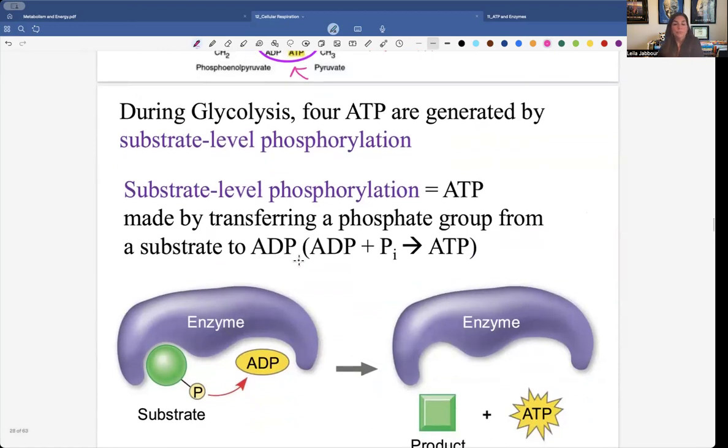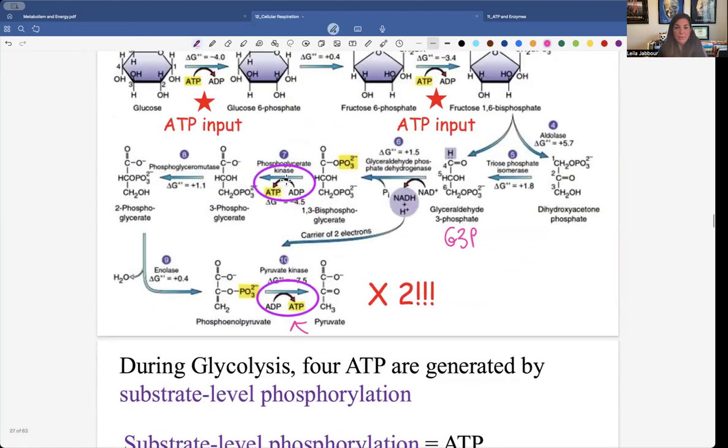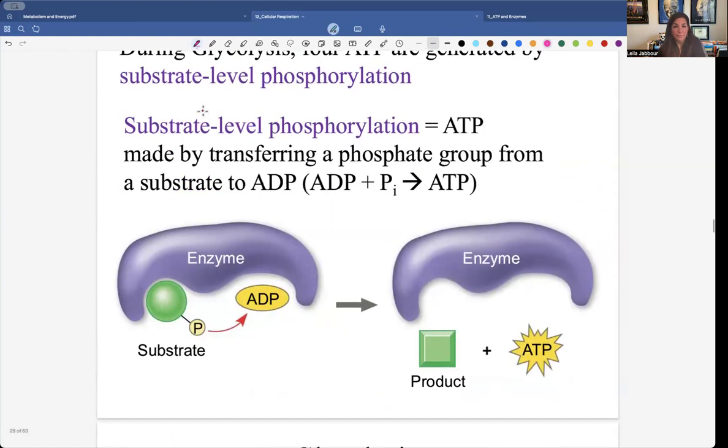So we actually made 4 ATP, right? We made these 2, but we have 2 G3Ps. So in the end, we made 4. I just want to show you where the 4 is coming from. But because we used 2 ATPs in the beginning, in the end, the net production of ATP was really only 2.